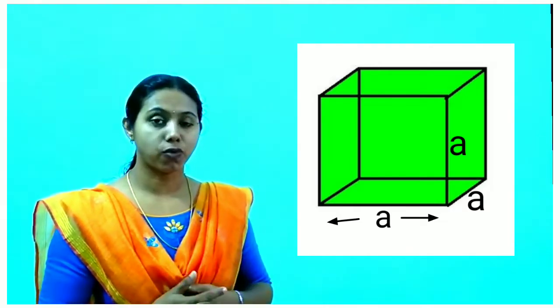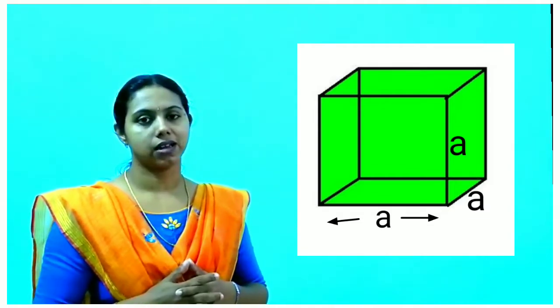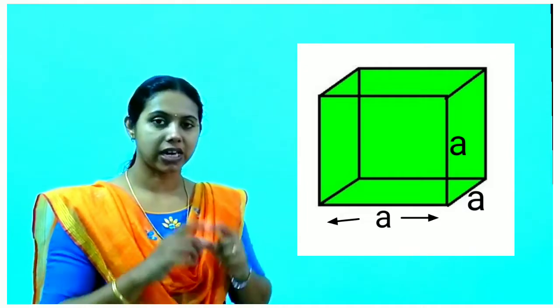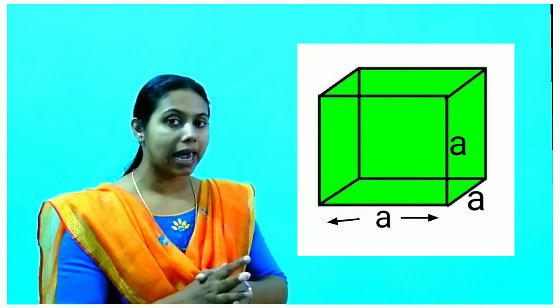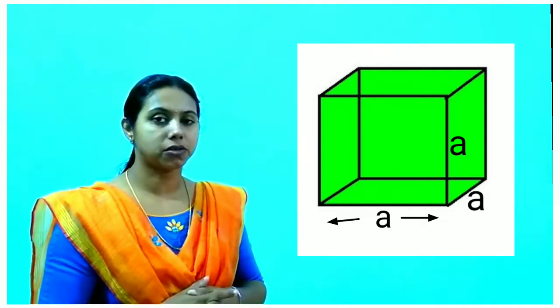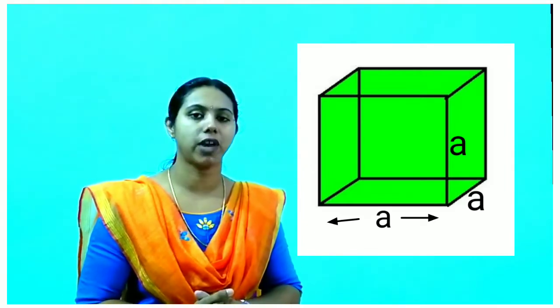Suppose the side of a cube is a units. Each face of a cube is a square shape, so the area of one face is equal to a square. Therefore, the area of 6 faces is equal to 6a square. That is the total surface area of a cube.